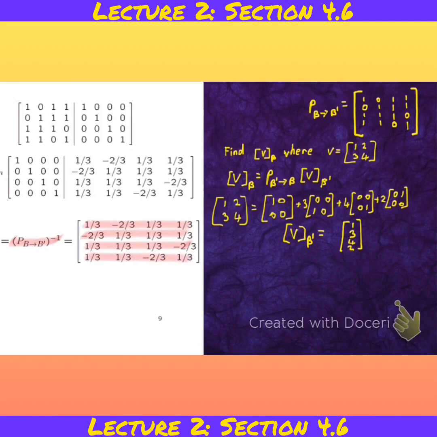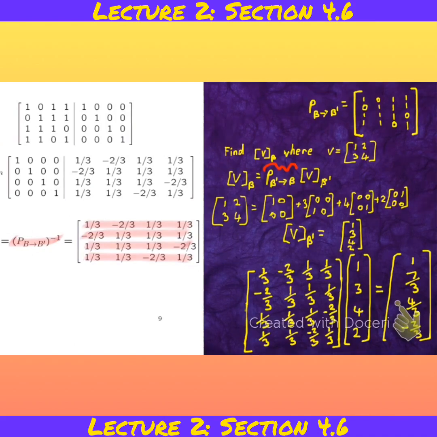Okay, so the change of basis matrix we're talking about here is that one there. Right, so plugging all of that in and working it out, we get this expression. So we took that and multiplied it with that vector. Okay, so that's the application. So the coordinate vector of V with respect to the basis B is this vector.